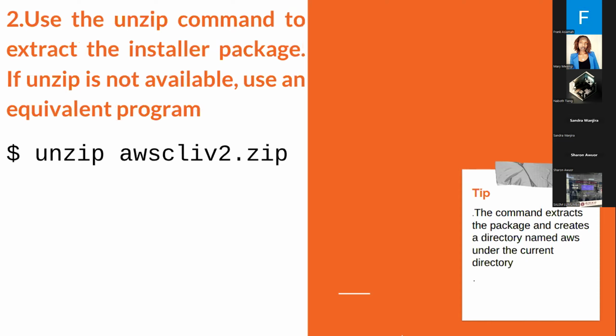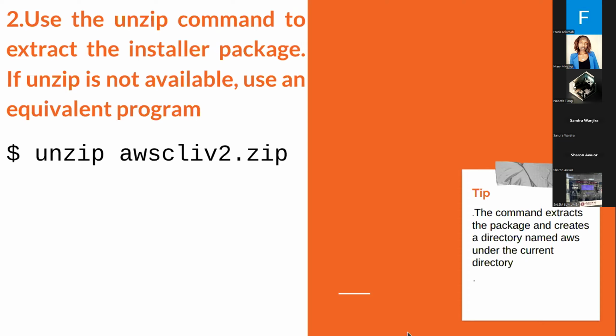So the next step is to extract, to unzip. You use the unzip command to extract the installer package, so you use unzip awscliv2.zip.